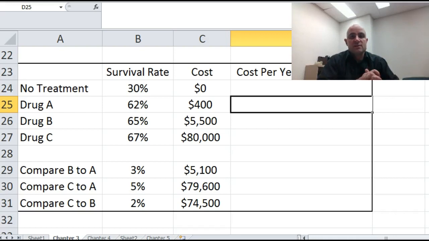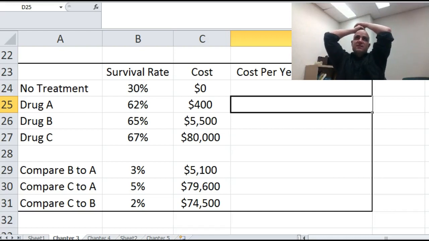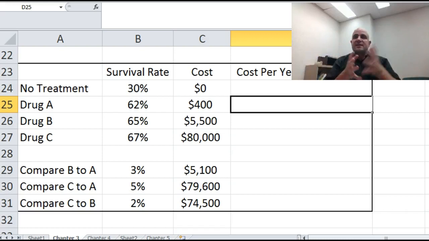The cost per year of life saved, that's basically a way to factor in the risk, the effectiveness of it, because you're not paying to get a full year of life with 100% certainty. So, for example, let's just say if you didn't take any medication, you would have a 99% chance to survive in the year, and if you did take it, you would have a 100% chance to survive in the year.